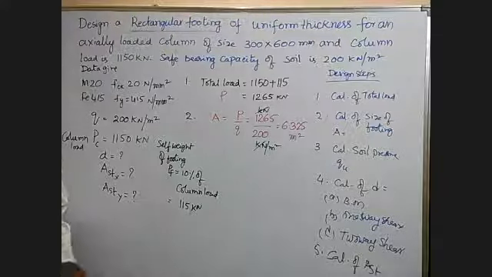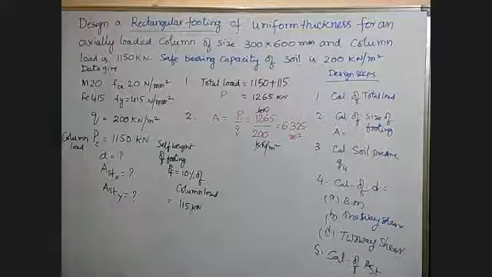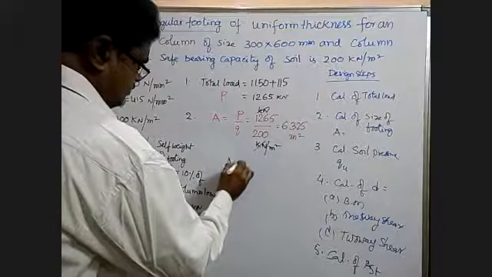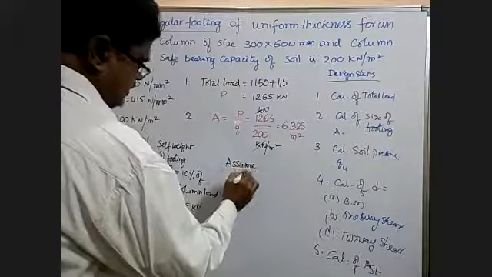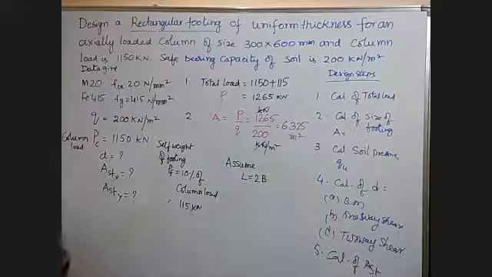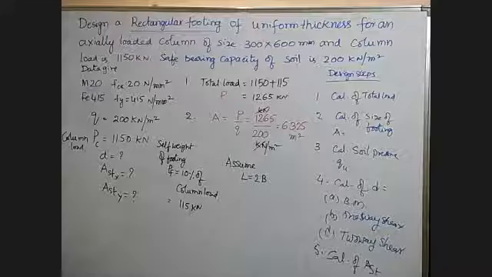The important thing here is there is no hard and fast rule to select a rectangular footing. There is no formula here. So here we assume, it's only an assumption, assume L is equal to 2B. There is no rule to do it that way, it's only an assumption.